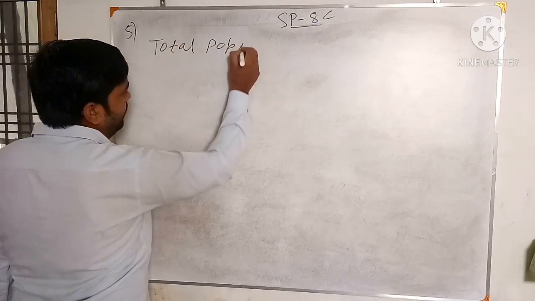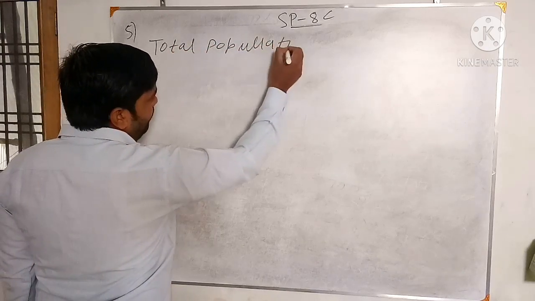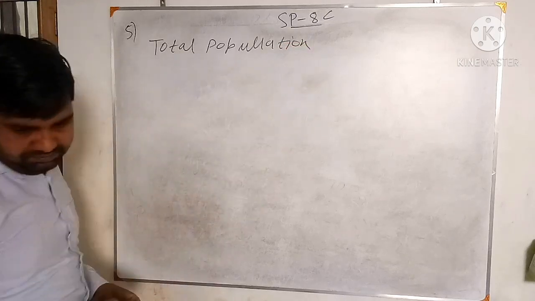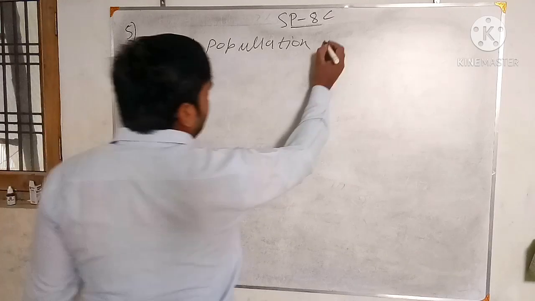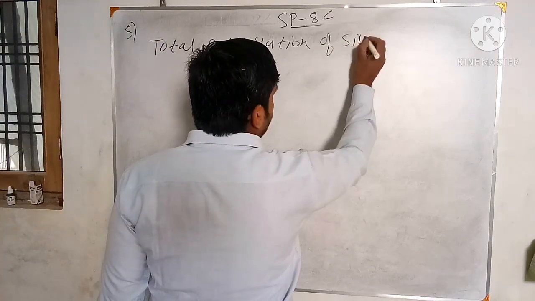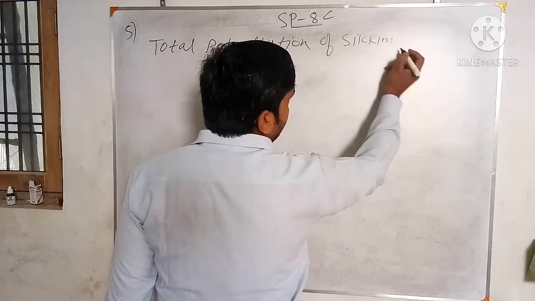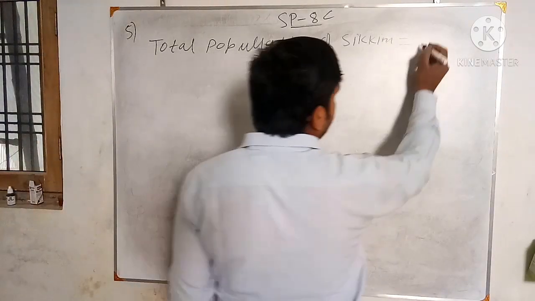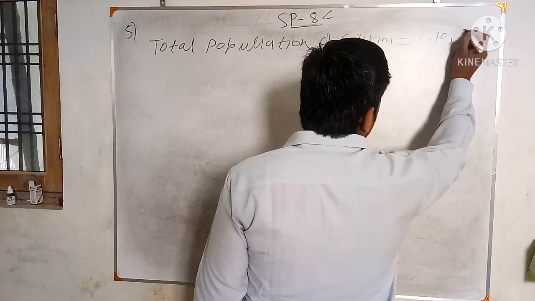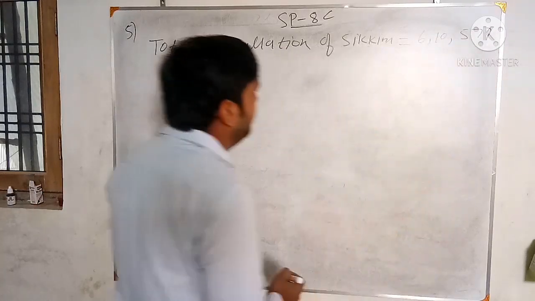The total population of Sikkim equals 6,10,577.